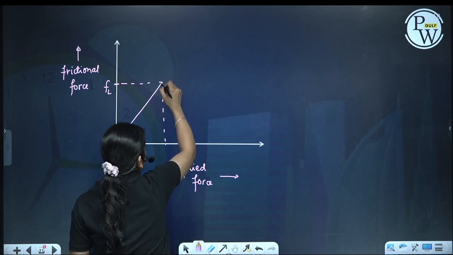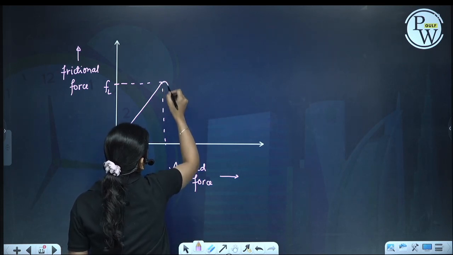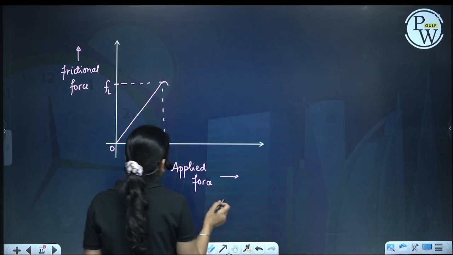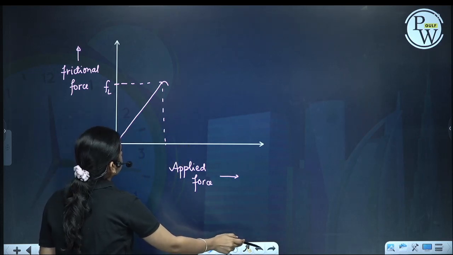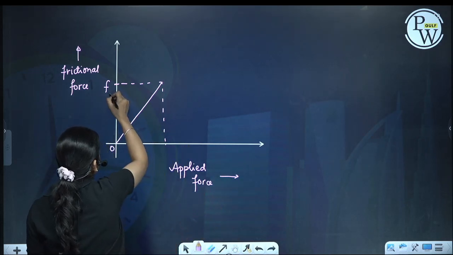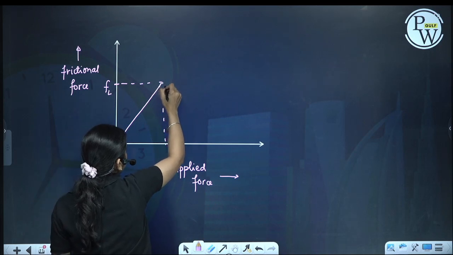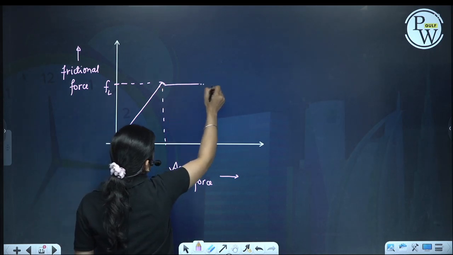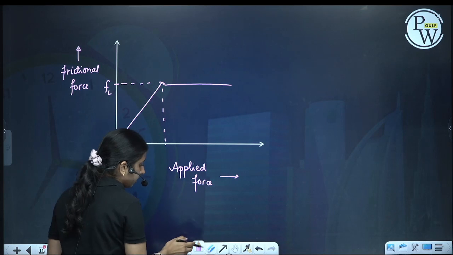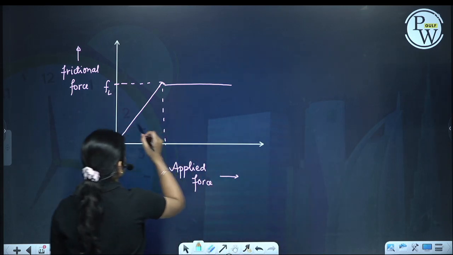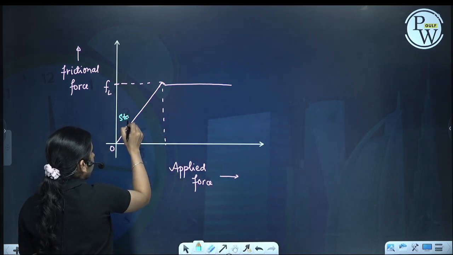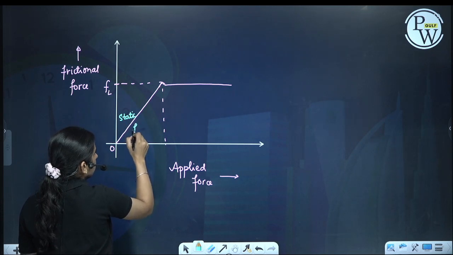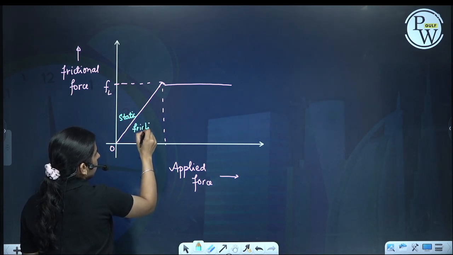After reaching the maximum value, we notice that frictional force will reduce a little and it becomes constant. This is called kinetic friction. This is static friction. Here static friction is acting.